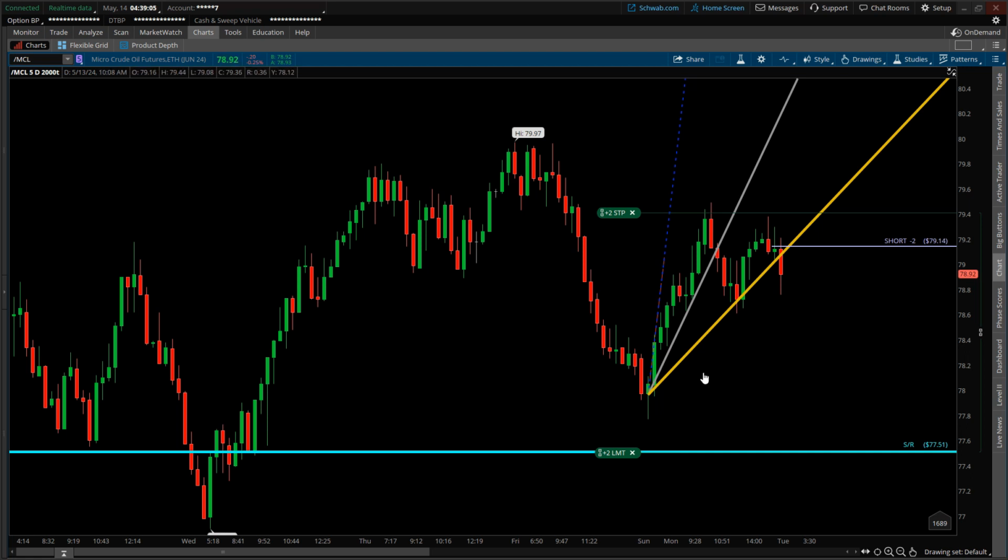On the other side of the trade, I have a limit order sitting at the support level of $77.51. This is a little over $325 profit potential. So that was the reason for this bearish outlook.